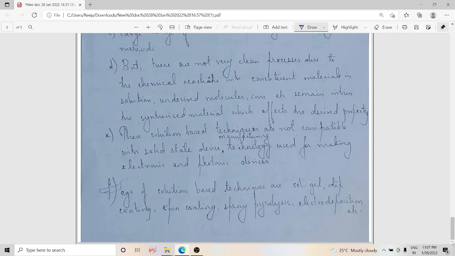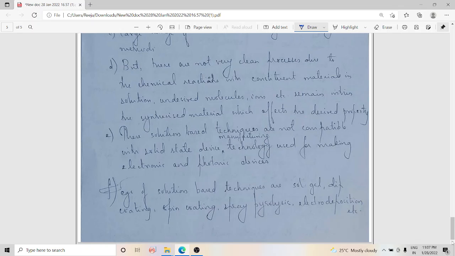Next, we discussed the non-lithographic methods, which are certain self-organization processes. The two classifications of these non-lithographic techniques are vacuum-based techniques and solution-based techniques. In vacuum-based techniques, the synthesis process takes place under high vacuum, that is, under very low pressure.